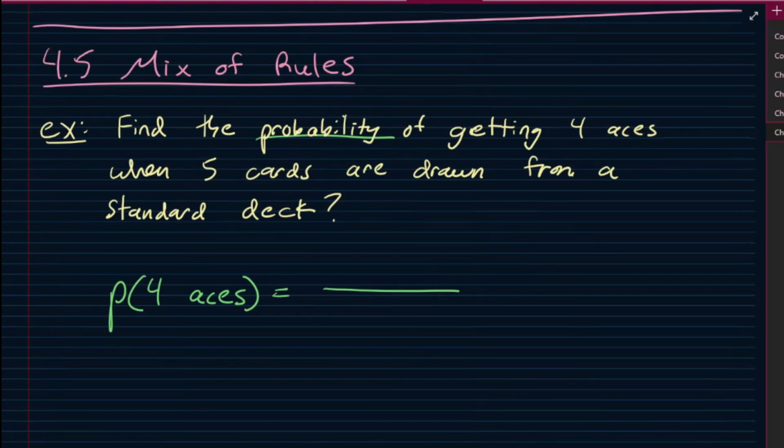Since repetitions are not allowed, it's either got to be a combination or a permutation. We're looking for 4 aces when we're drawing 5 cards. So what's our total number of outcomes? That's our denominator. If we're drawing 5 cards, how many different outcomes are there?